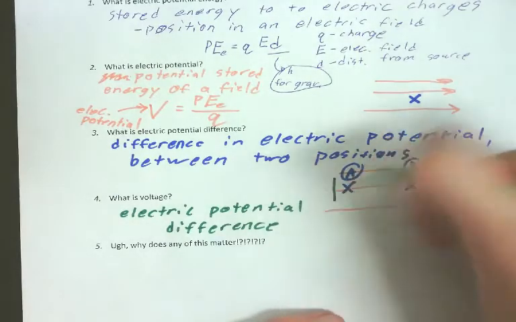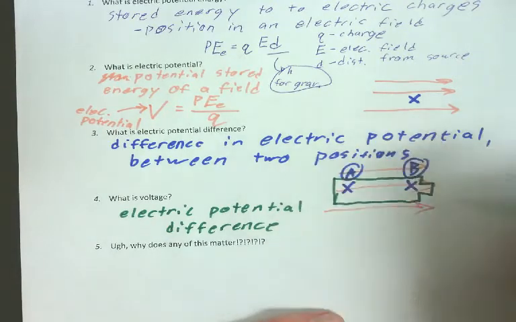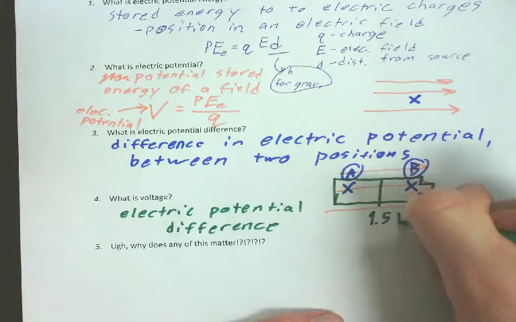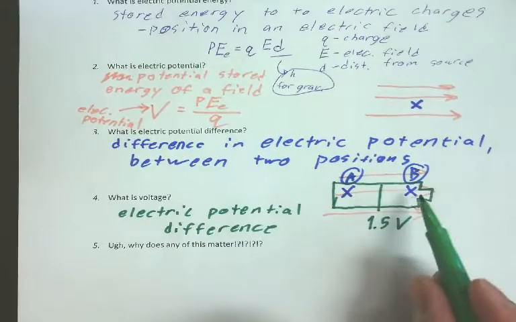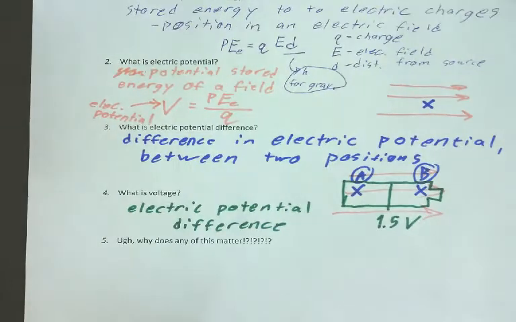Here's a battery. If a battery has 1.5 volts, that's the voltage of a AA battery. What does that mean? It means the difference in the electric potential between the positive side and the negative side is 1.5 volts.